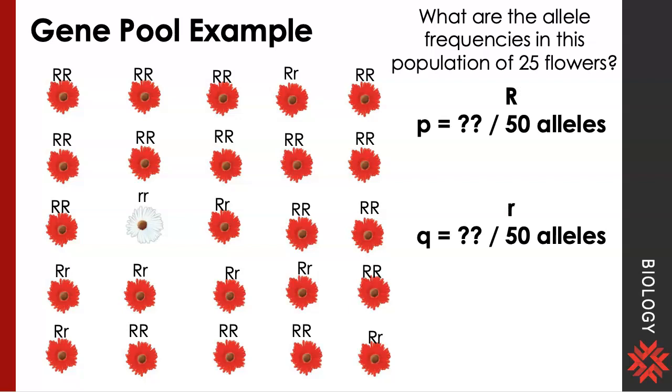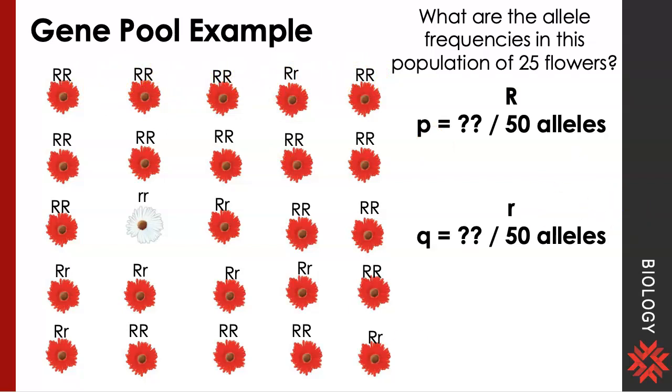So we know that there's 25 flowers. Each flower has 2 alleles, so we've got a total of 50 alleles. So P represents the big R, the dominant allele. We're going to just go through and count how many big R's are there in this population.